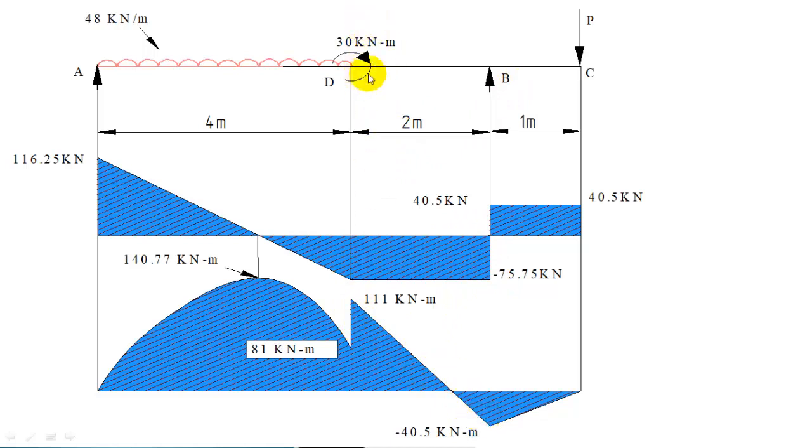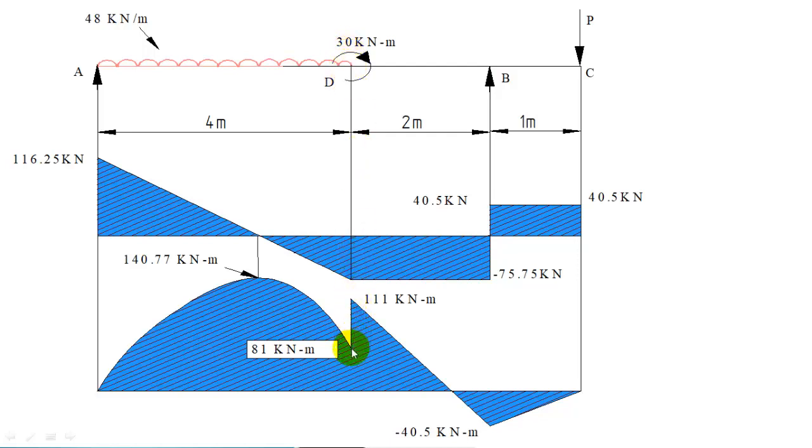So right of D to B you can join, and left of D you have 81, so 81 to 111 is at D, because left to right there is a change due to that couple acting at that point.